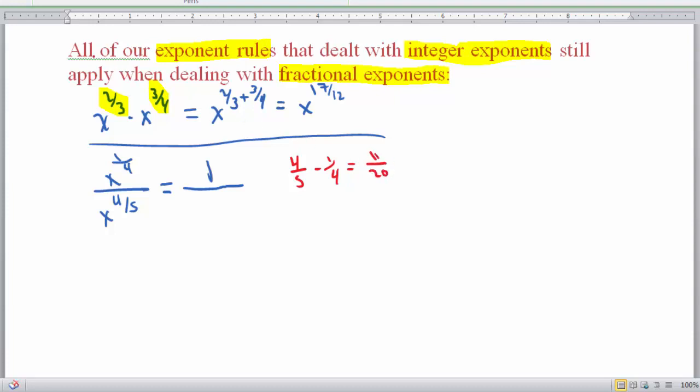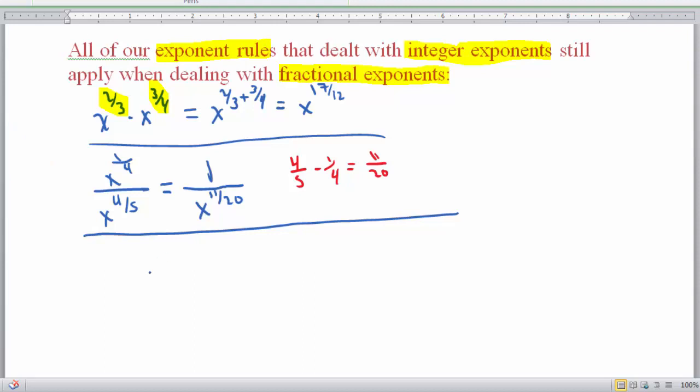So that's actually 11/20. So this is really 1 over x to the 11/20, right? And again, these are wacky problems, wacky results, but I'm just trying to show you that it doesn't matter how wacky they are. You're still using the same exponent rules that you were using, right?